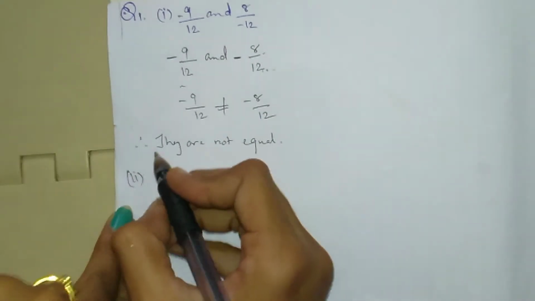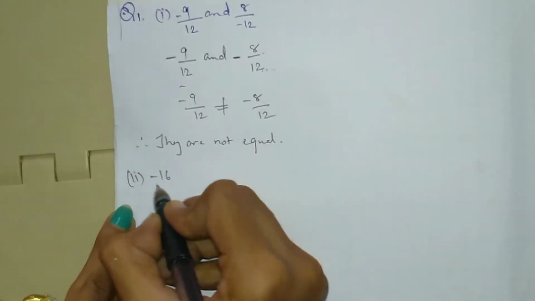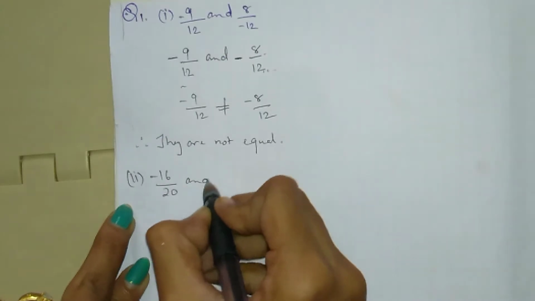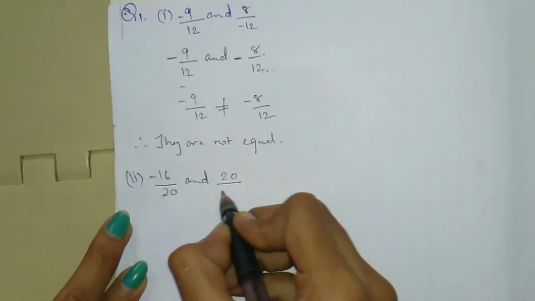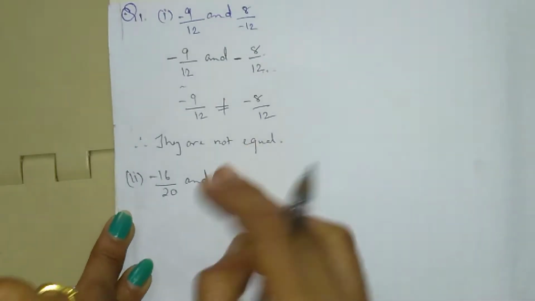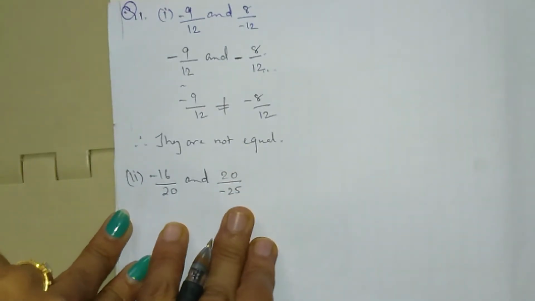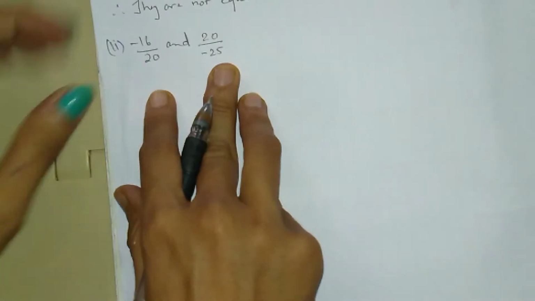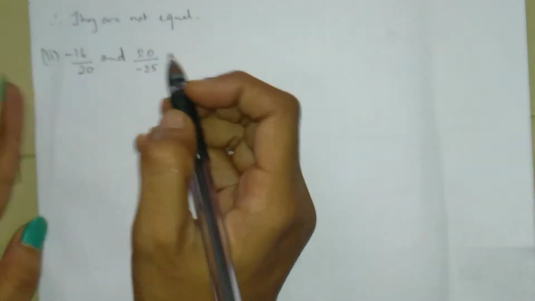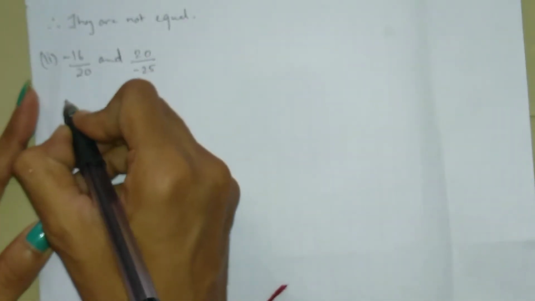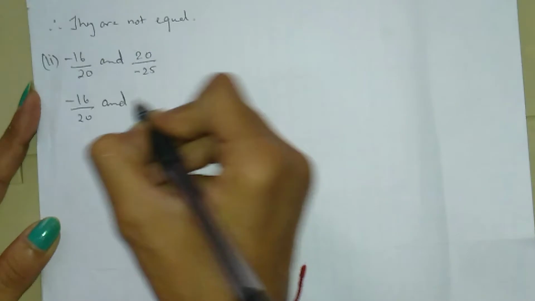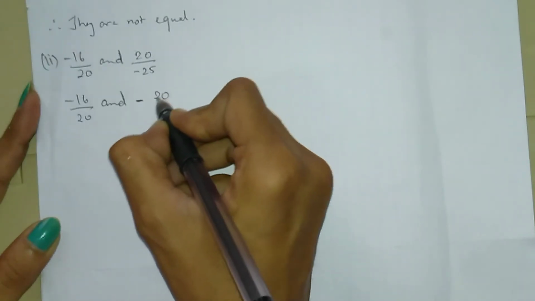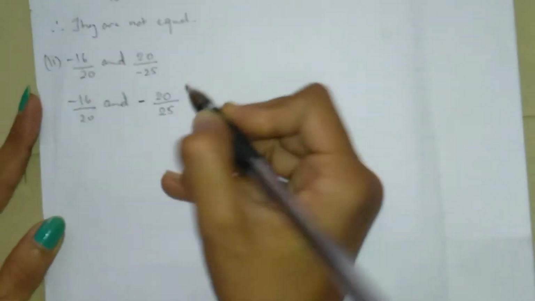Okay, now see the second one. The second question is minus 16 upon 20 and 20 upon minus 25. Here we have to make the denominators the same. So first of all we will take minus 16 upon 20, and the minus we will keep in the middle, and 20 upon 25.